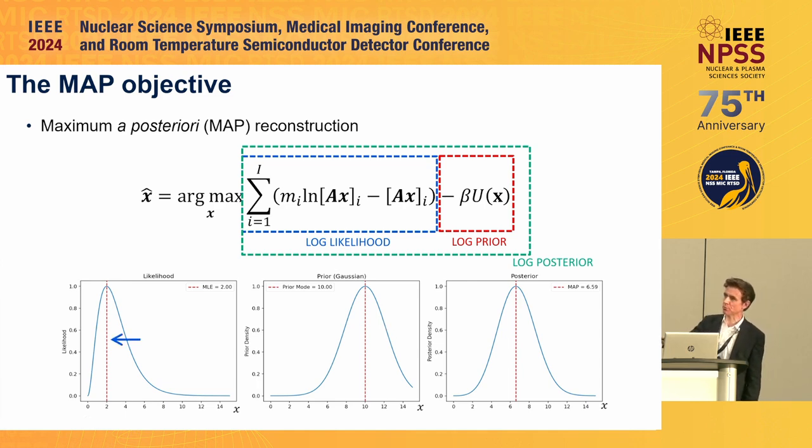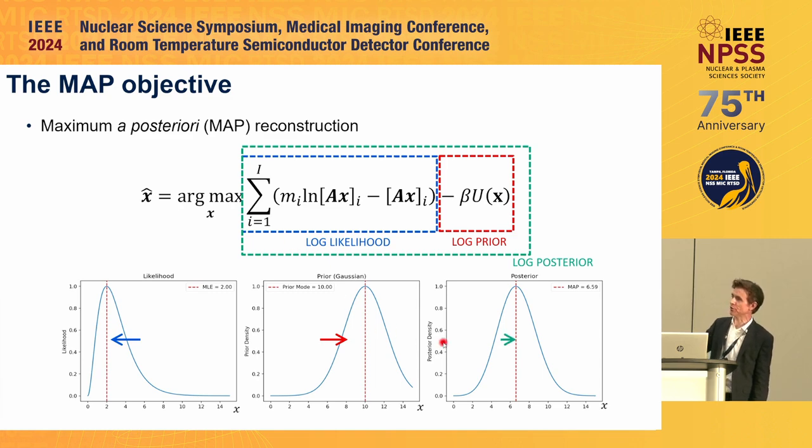So we might have some gradient vector or some direction that's pushing a value x closer towards the maximum of the likelihood. And then we could also have some notion of a direction or a gradient pushing us towards the maximum of the prior. And again, the posterior ends up being some compromised direction to balance those two distributions.